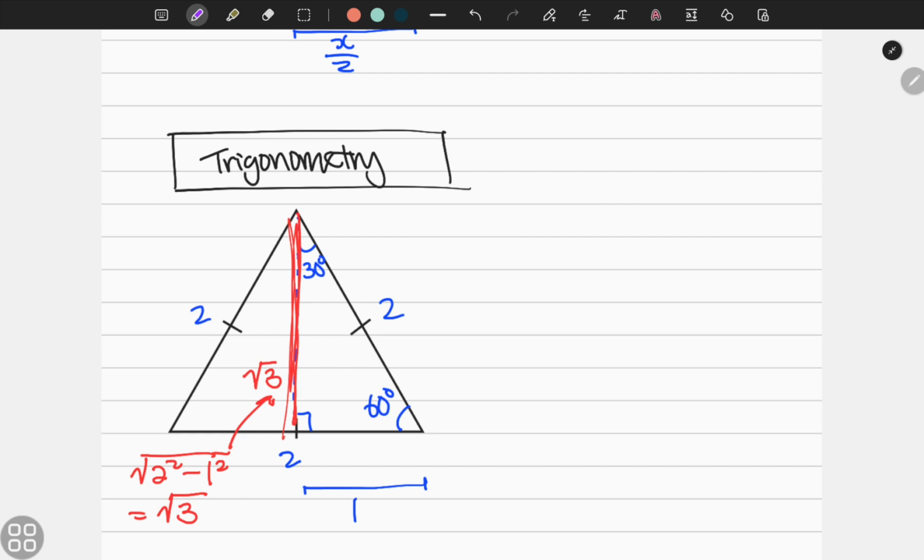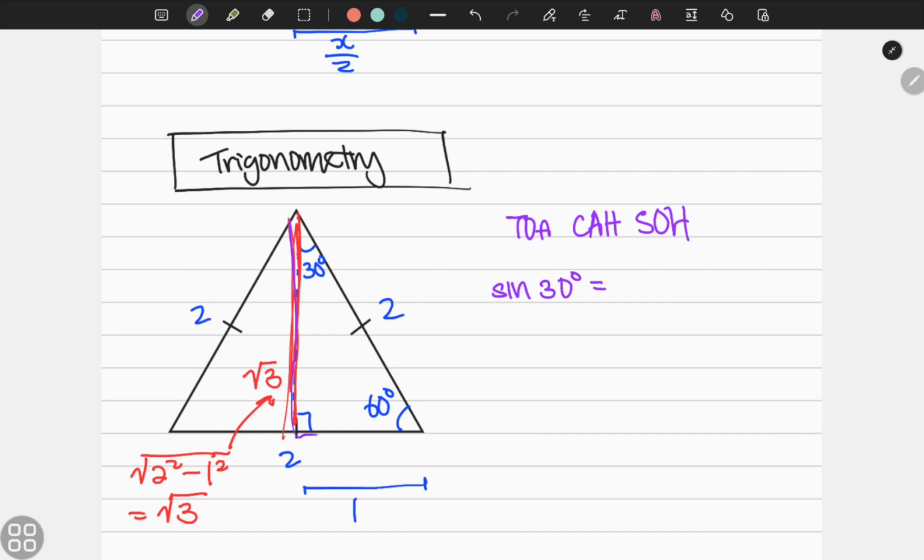This will then give us some properties of trigonometry, mainly sine, cosine, and tangent. To use sine, cosine, and tangent, I'm going to use the idea of SOH CAH TOA. So SOH means that, for example, if we have sine of 30 degrees, that is just the opposite over the hypotenuse.